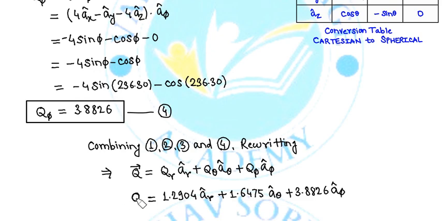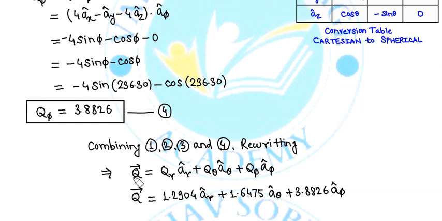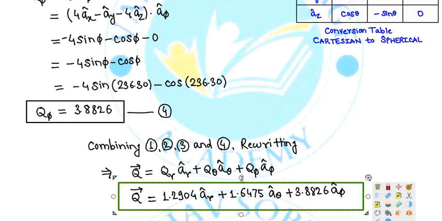So this is your vector q, the given vector from your part 2, expressed in terms of the spherical system. We have converted that rectangular system into the spherical system. So this is your final answer.